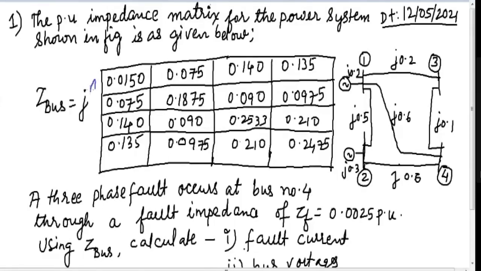Generally we write the bus numbers, but as they are not given here, we can assume the bus numbers in this way: 1, 2, 3, 4, 1, 2, 3, 4. So this was not given in the problem. We have identified these bus numbers as per our requirement.